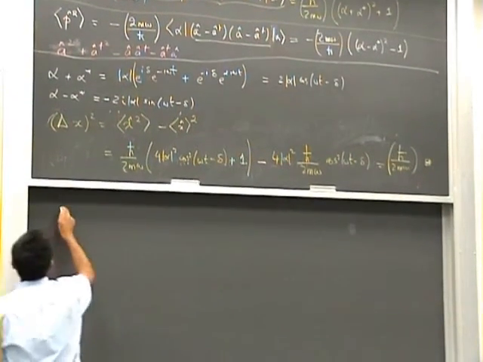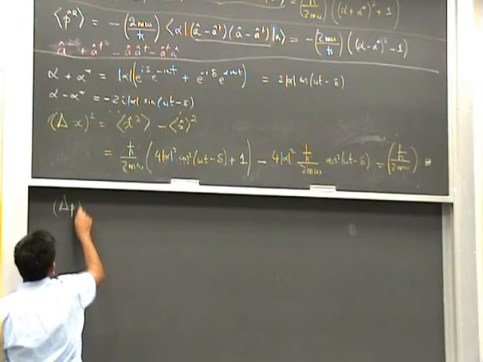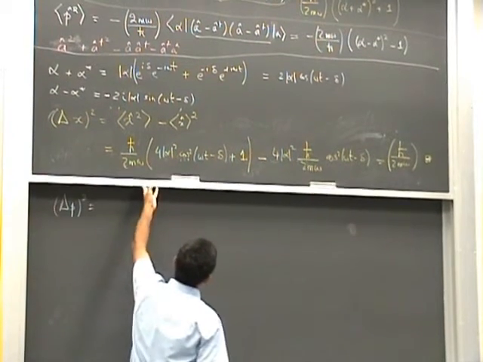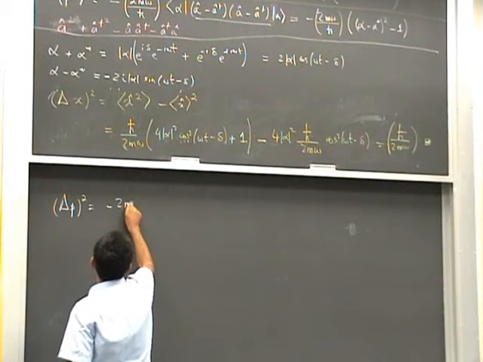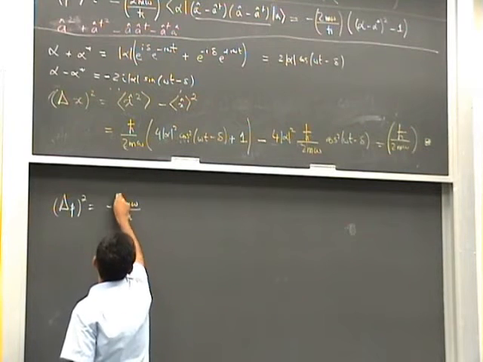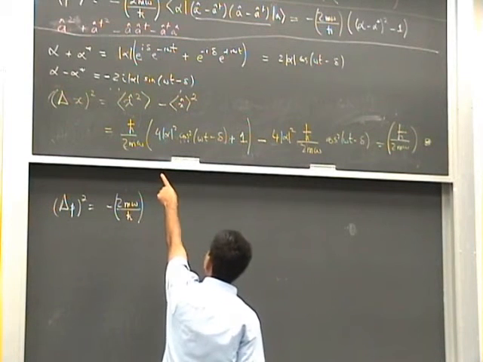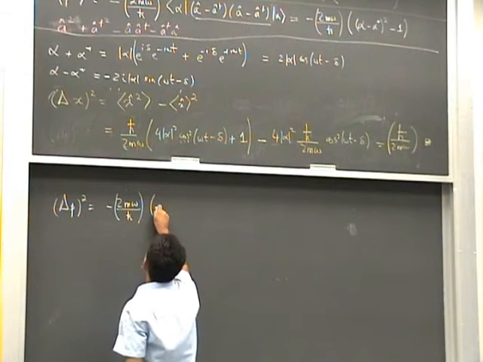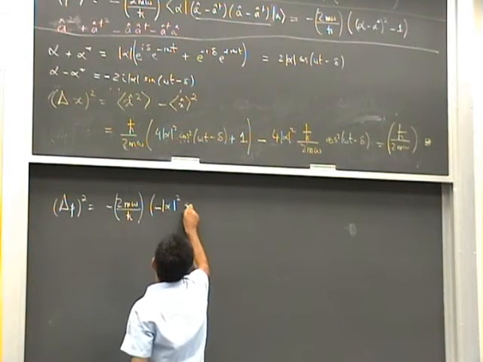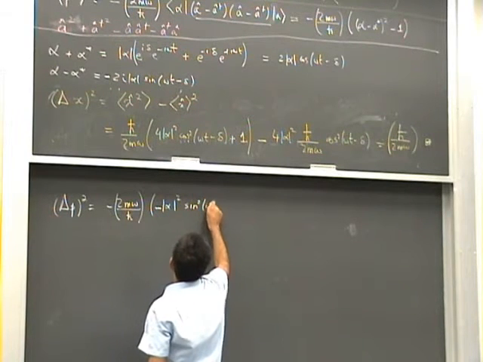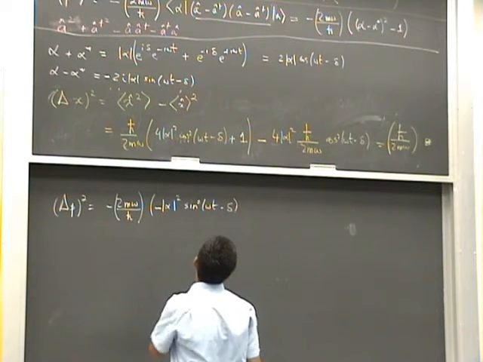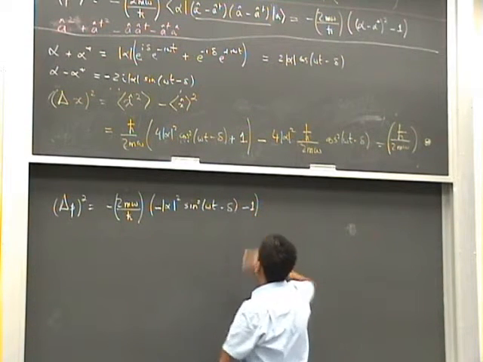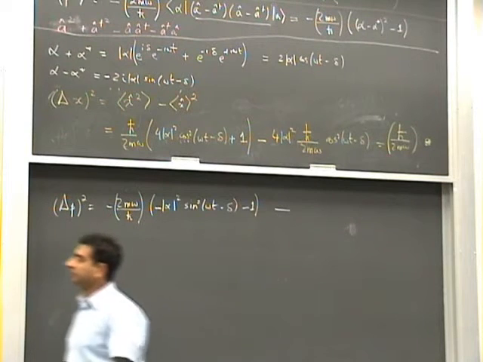Likewise, my delta p squared is that term, minus 2m omega over h bar into the square of this term, which is plus 4 iota square, which is minus alpha mod square sine square of omega t minus delta, and of course there's a minus 1 here as well, and from this I will subtract the square of this.